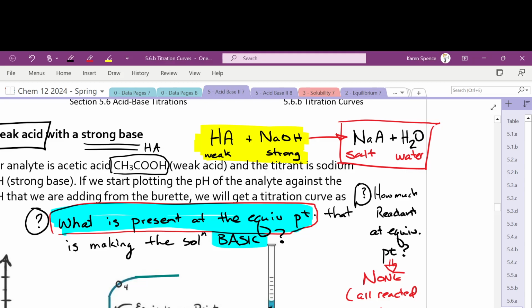Now remember, this is in an aqueous solution. So the water that you're making, does it matter? No, because you already have thousands and millions of water molecules. So this water doesn't matter. And besides, water is what pH? Neutral. Okay, so who is making it basic? The salt.